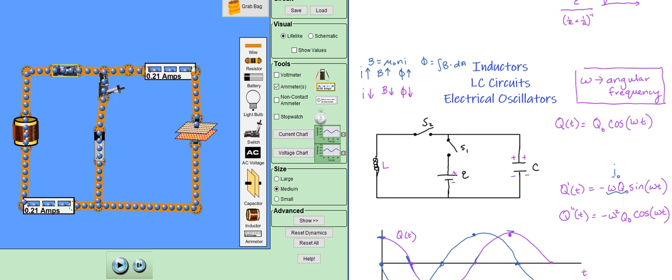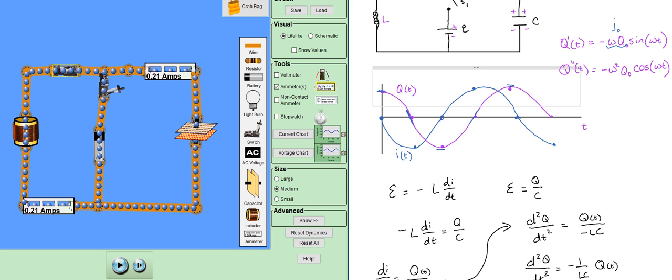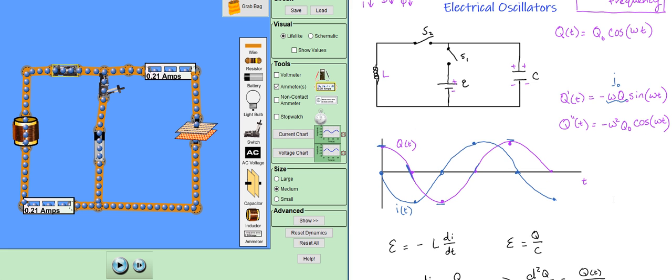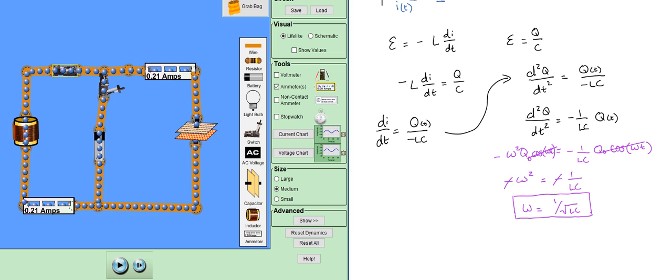So basically what it's telling me here is that L and C are what affect how long or how often a cycle occurs. So if we have a larger capacitance value, and if we have a larger inductance value, and remember those values are determined from the geometric and the material composition of those circuit components, you can see here that that's going to affect the angular frequency.